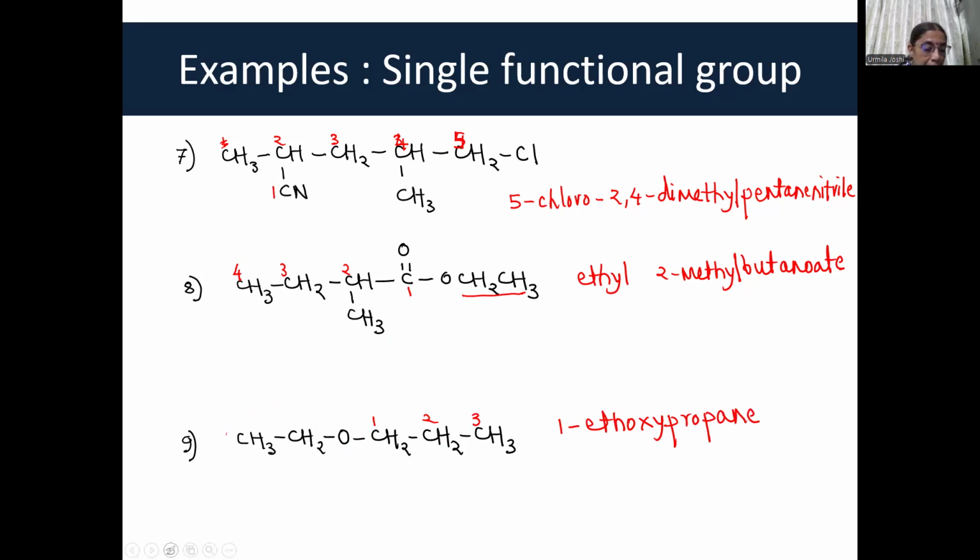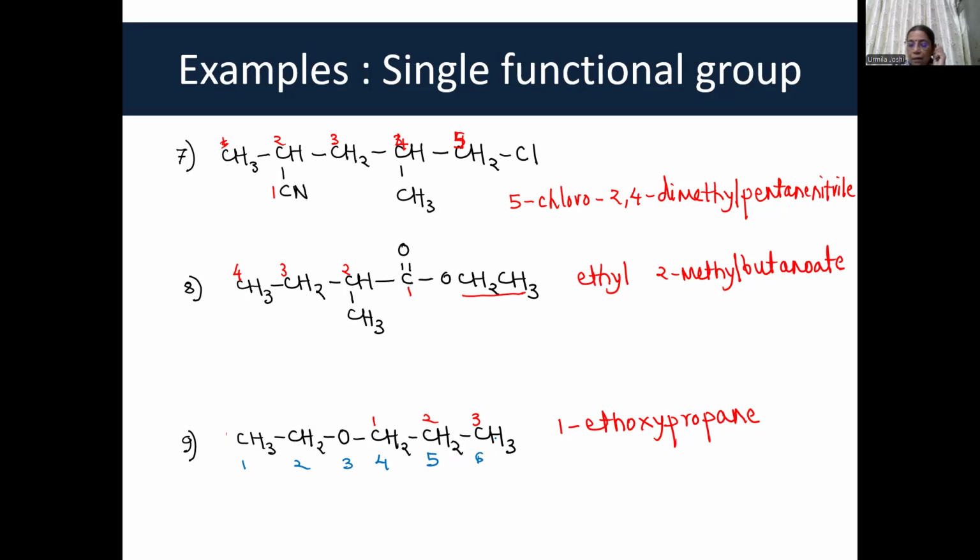But there is another way to number this, and that way is slightly different. Just pay attention. You can include this oxygen in the chain. Okay. 1, 2, 3, 4, 5, and 6.